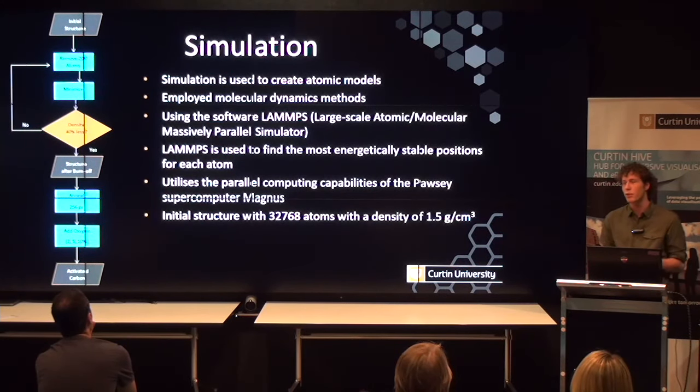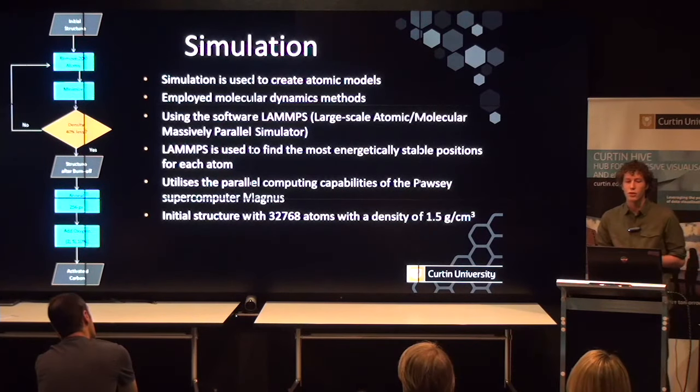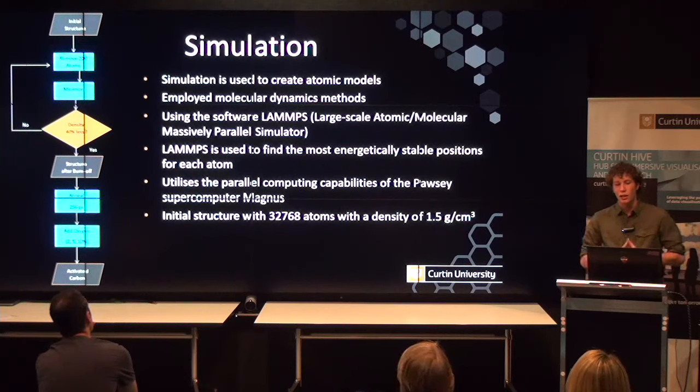So if they're too close together, it moves one atom slightly further away, or if they're too far apart, it brings it closer. But it does this for all of the atoms, and we used over 30,000 atoms, so it was quite computationally intensive. Hence, we needed to use the capabilities of the Pawsey supercomputers, specifically Magnus. That allowed us to simulate these large structures.